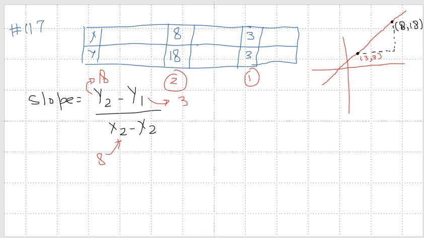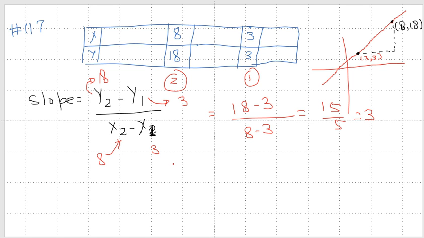And this is x1, sorry. How much is this x1? It's 3, correct? So let's substitute. We find the difference in y is 18 minus 3 divided by the difference in x, 8 minus 3, which is 15 over 5, which is 3.